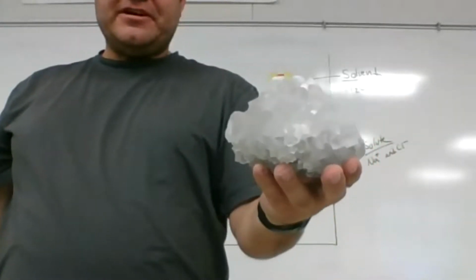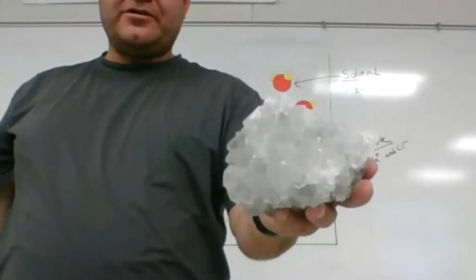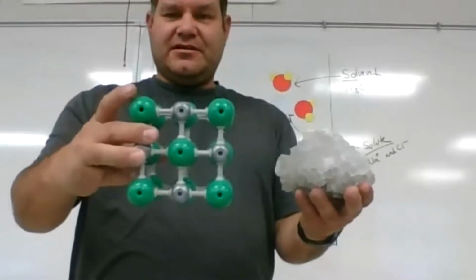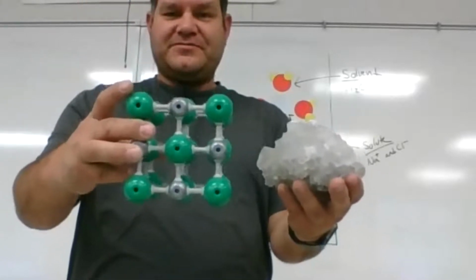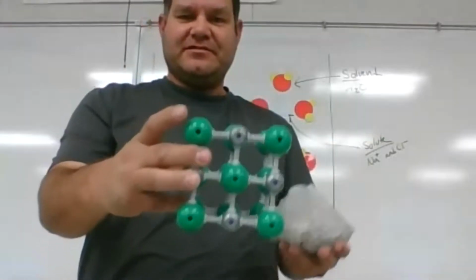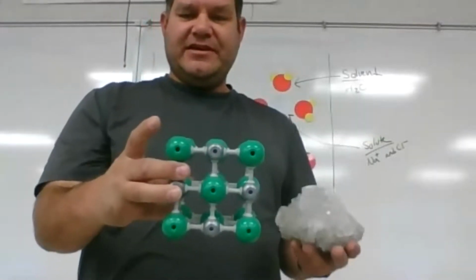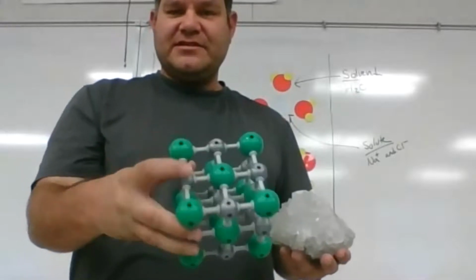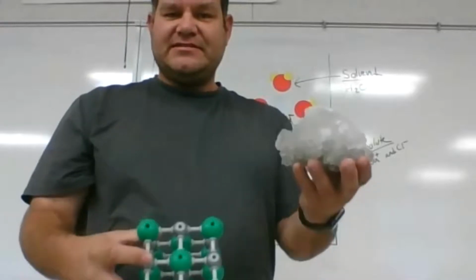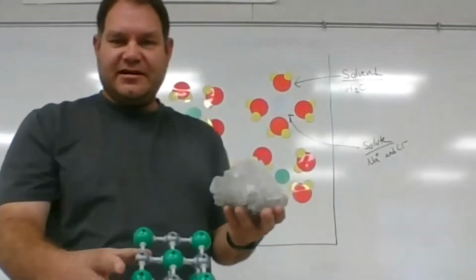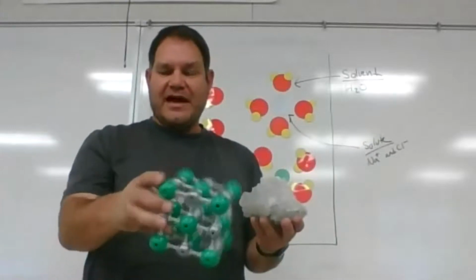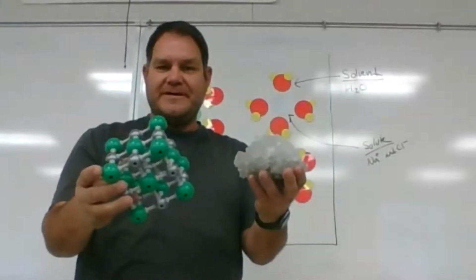And essentially, we're going to add these solid crystals to water to make a salt solution. A particle diagram, or a three-dimensional particle model, of these crystals would look something like this, okay? The silver ones that you see happen to be the sodium metal that's in the salt, and then the green are the chlorine non-metal atoms that are in the salt crystal, okay?